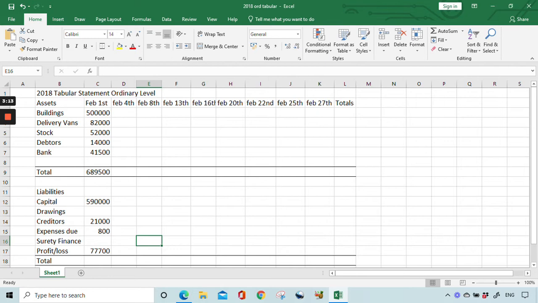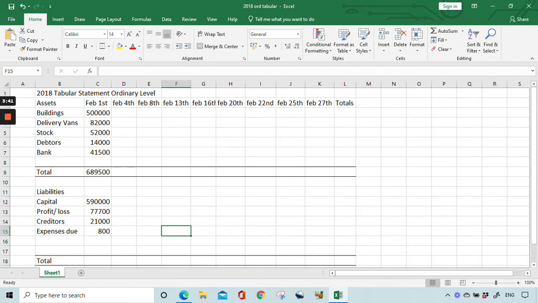I've added them in, but what you should do is always leave two blank lines and just add them in as you go along. So I might move profit and loss up here so as not to confuse you. Profit and loss, 77,700, and I'll just leave these two blank for the moment.